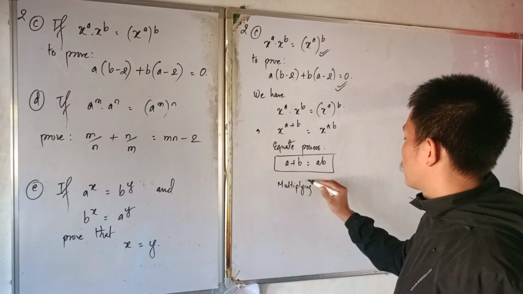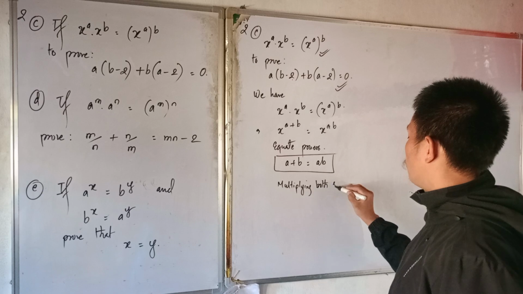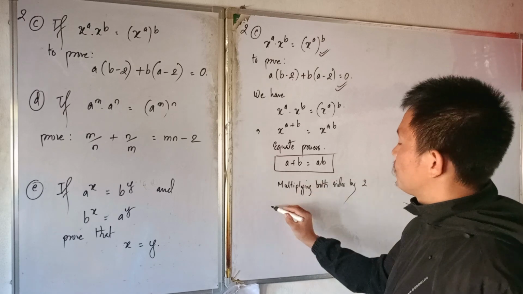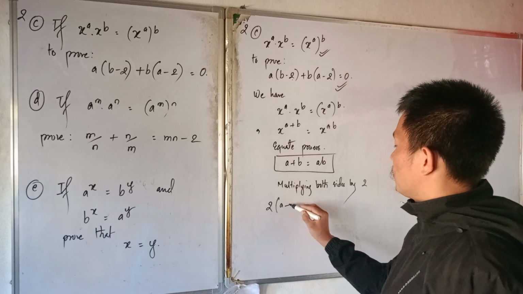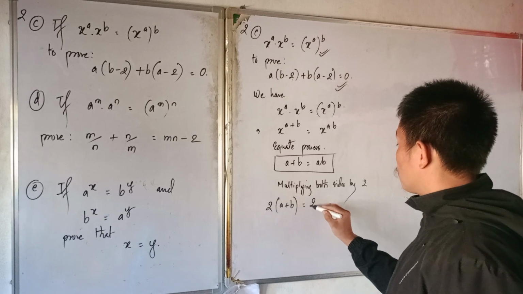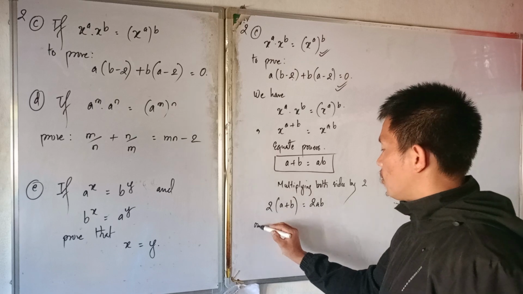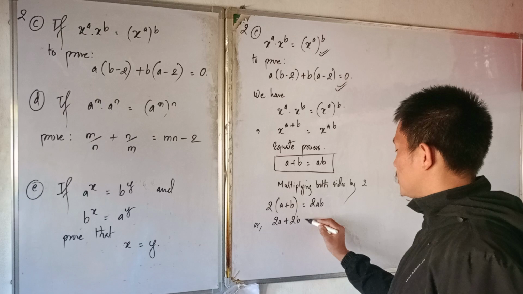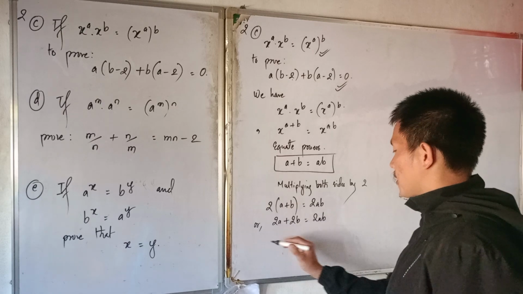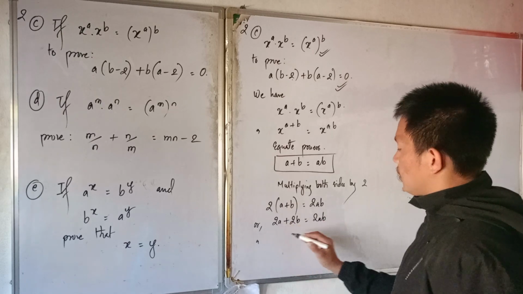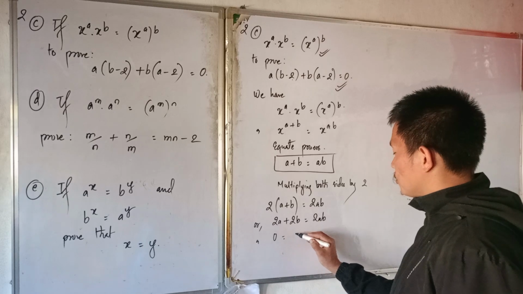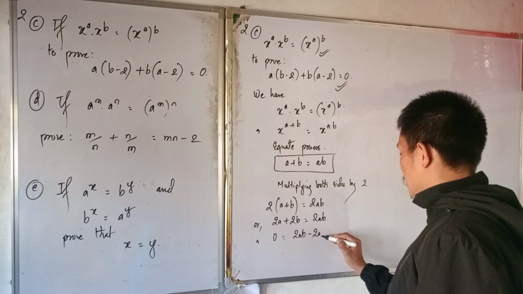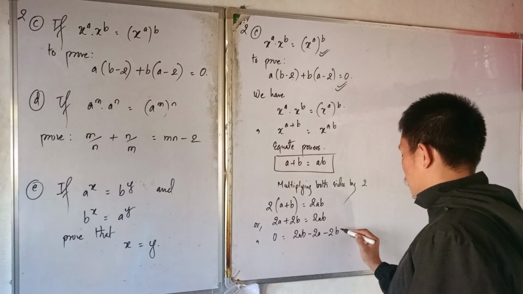Multiplying both sides by 2, you get 2(a + b) = 2ab, or for simplification, 2a + 2b = 2ab. Now move all to the right hand side: 0 = 2ab - 2a - 2b.